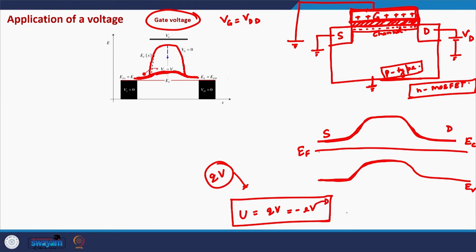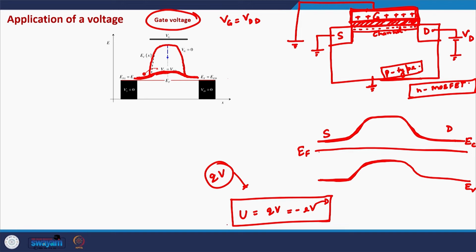So any application of voltage on the drain side will alter the Fermi level on the drain side, and as a consequence it will also change the potential energy or the energy of electrons on the drain side.